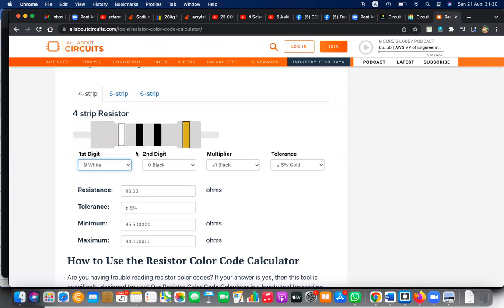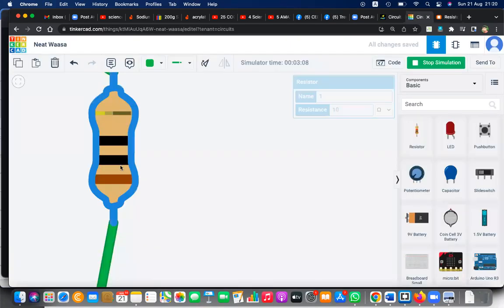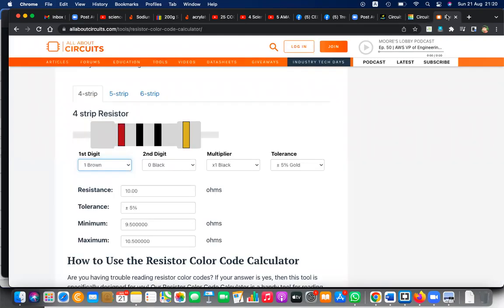Then this one is brown, right? You can see it is 10 ohms. When you calculate here, it is 10 ohms. Brown, black, gold is 10 ohms.